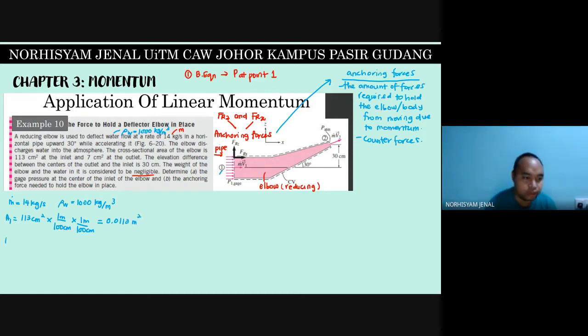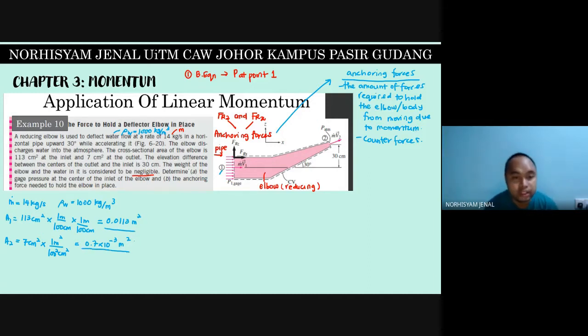Okay, so A2 is 7 centimeter square. So multiply by 1 meter square, 100 square centimeter square. So it is equal to 0.7 times 10 to the power of -3 meter square. Alright, so we get the area first.